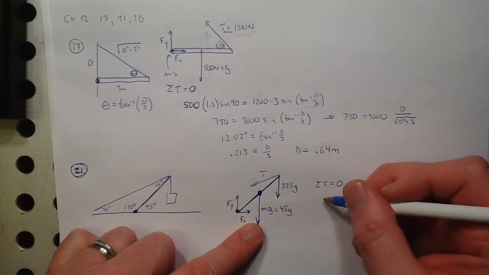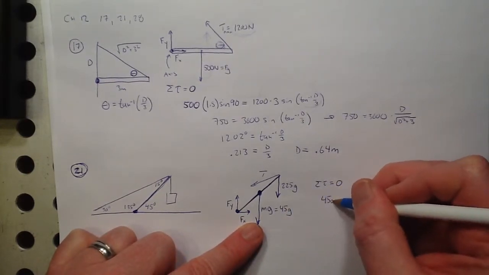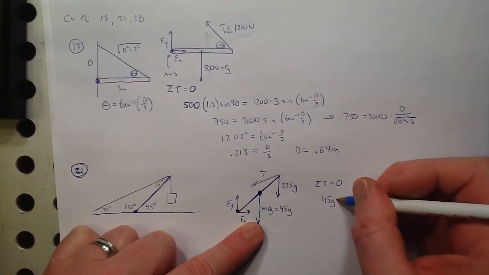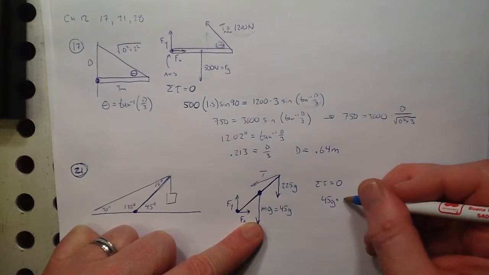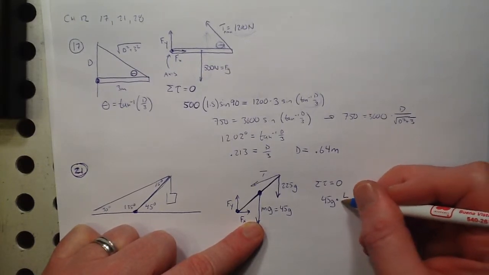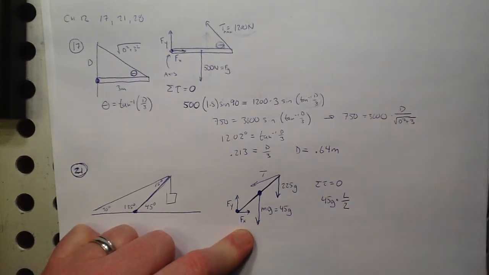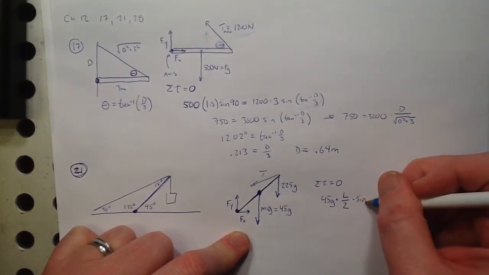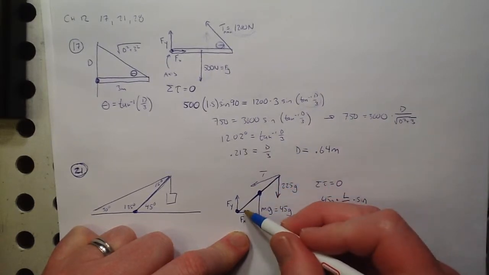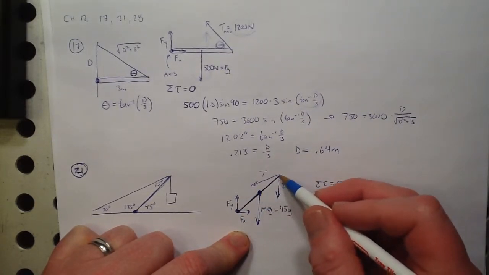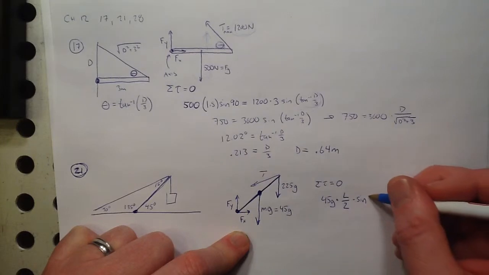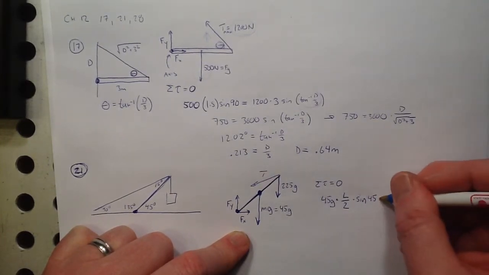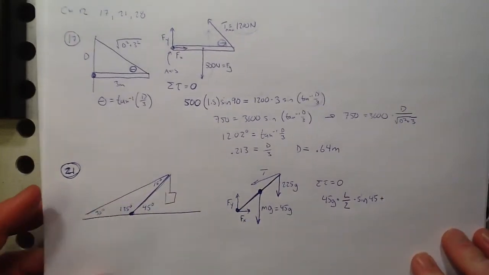So I have 45 G, that's the force, times the radius, which is, they didn't tell me the length of it, so that'd be just L over 2, half the length of the strut, times the sine of the angle between them, which is 45 degrees. Right, it's actually 135 degrees, but we know we can get away with using the supplement because the sines of those angles are equal.